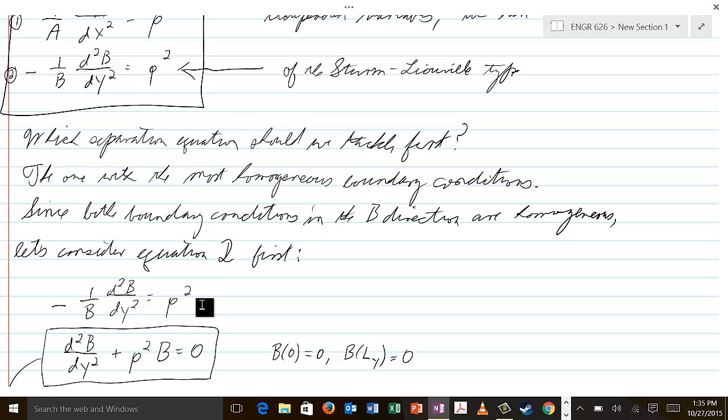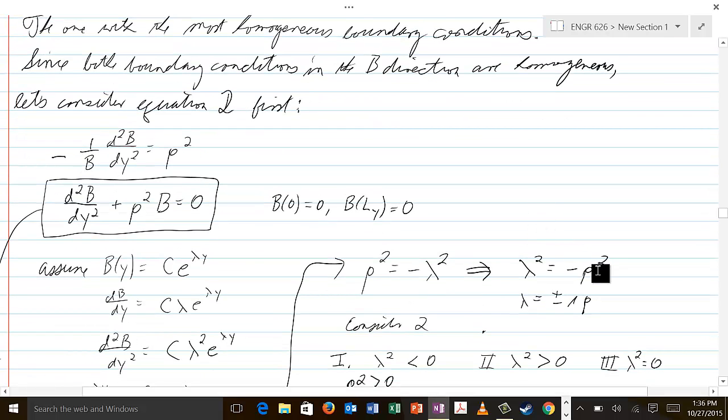But if you want to just jump down to the end where I give you the analytical solution, that's perfectly fine. Okay, so to finish this discussion then, here is our equation for b, which can be rewritten like this. And remember that at y equals 0 and also at y equals ly, b is equal to 0 at both of those, because we have those homogeneous boundary conditions at both top and the bottom.